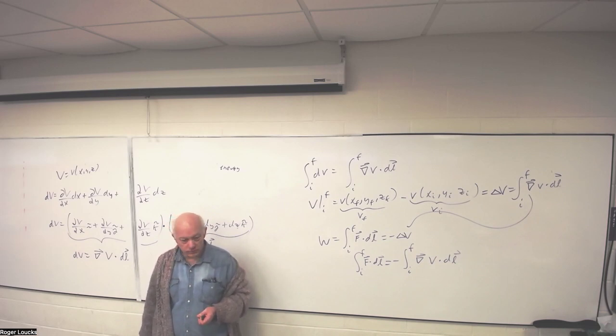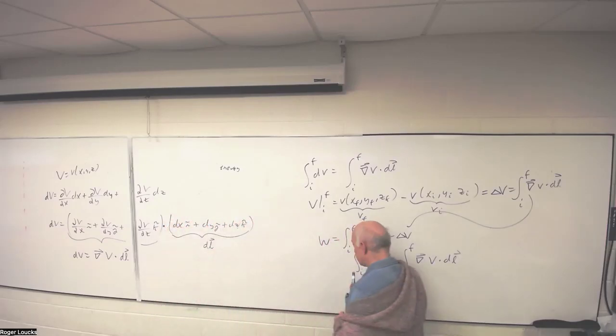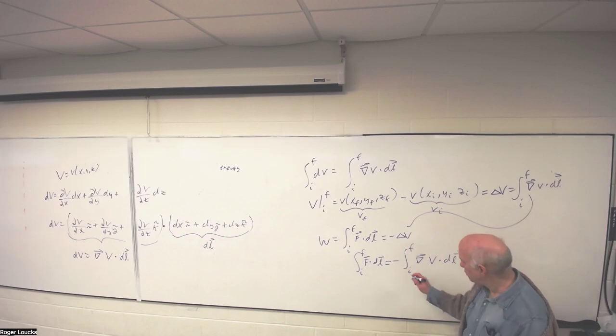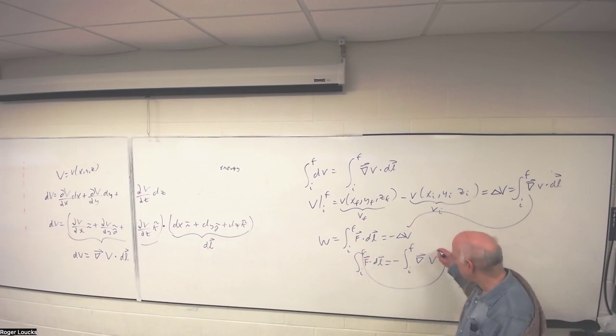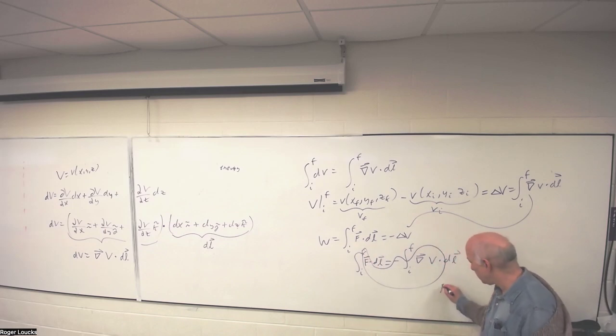For conservative work? No. It doesn't matter how I go from here to there. I can pick any path I want. The only conclusion I can have then is that the integrands here must be the same. So conservative force is minus the gradient.